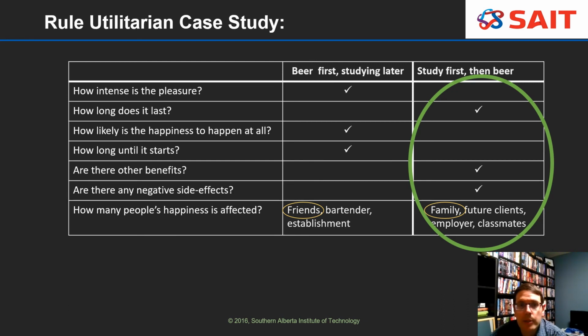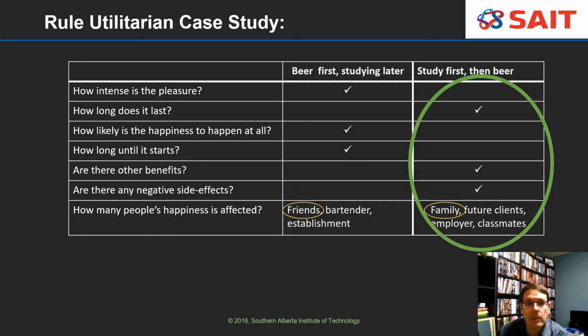For yourself, you have 3 check marks on the left and 3 check marks on the right, so that looks like a tie. In terms of the other people affected though, if, as a rule, you always study first, it's more likely that your family's happiness will last longer and be more intense than your friends'. Your friends might not always show up, so following the rule of drinking beer first and then studying won't bring them any happiness at all.